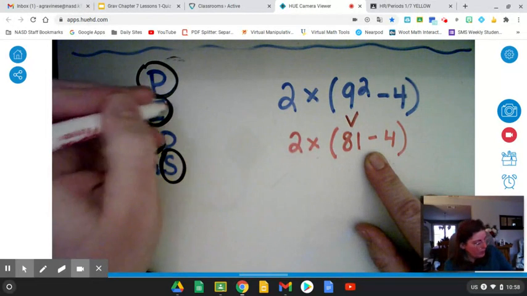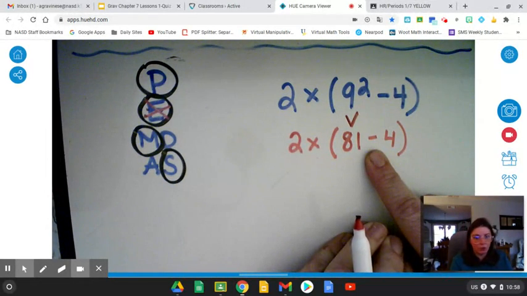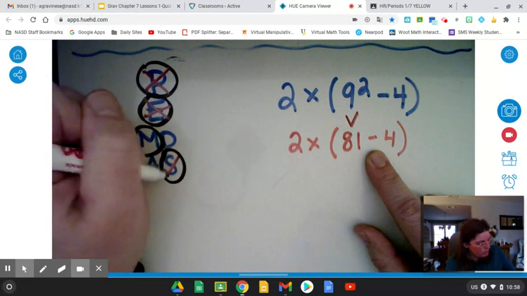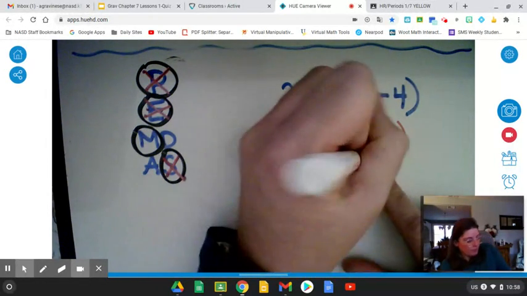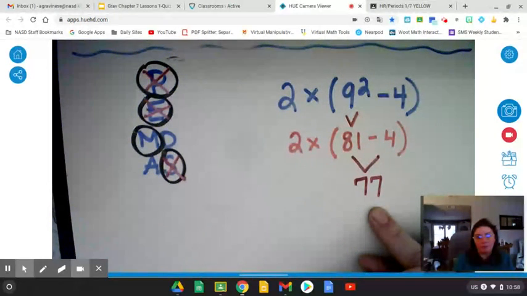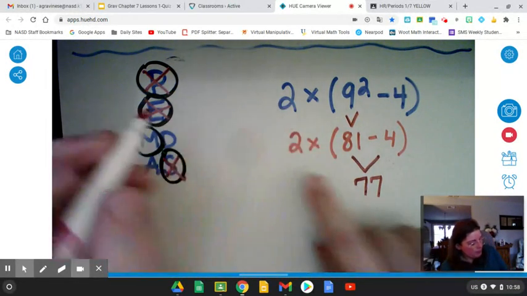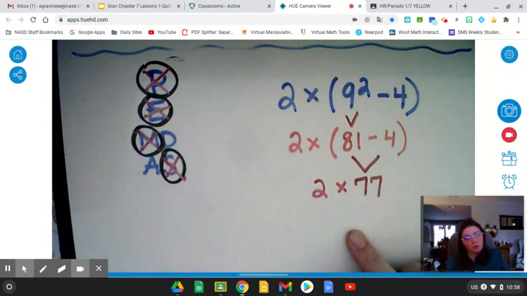So I got rid of my exponent. Now I need to get rid of my parentheses, which includes the parenthesis and the subtraction because the subtraction's inside. 81 minus 4 is 77.